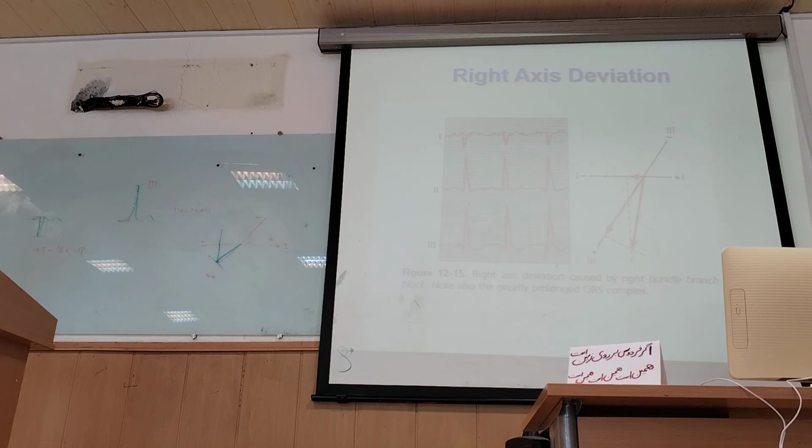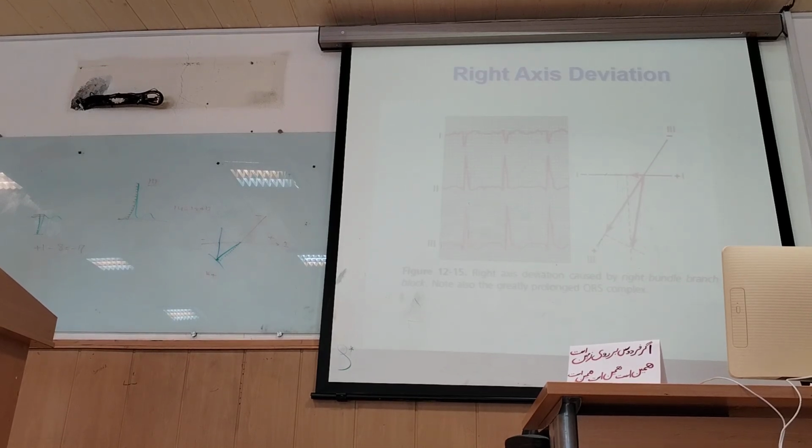The pressure inside the right ventricle will be increased. What is the normal pressure in the right ventricle? The maximum systolic is 25, the minimum is 8. 25 over 8.